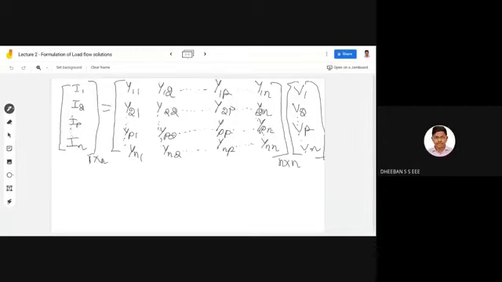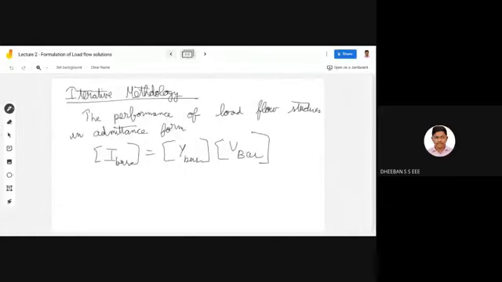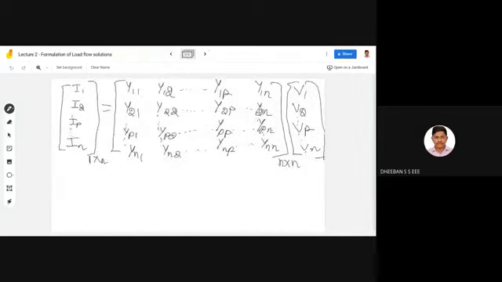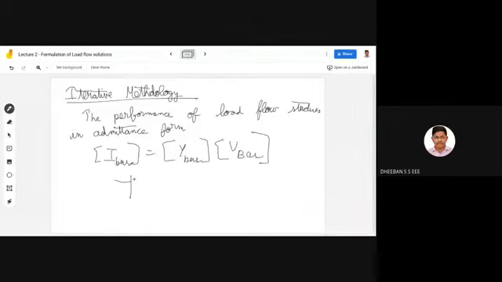So here at the initial stage, we are just expanding this bus matrix. Okay, we are just expanding this bus matrix, and after that we are expanding it with the elements. Okay, so here you can see, as I said, for a three bus system, you can take one, two, and then three.